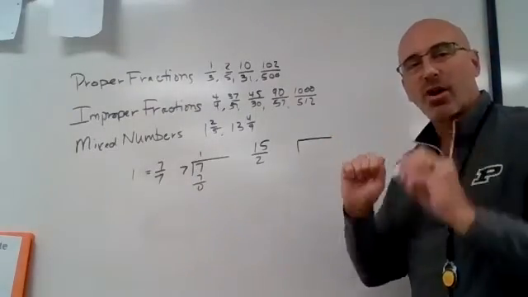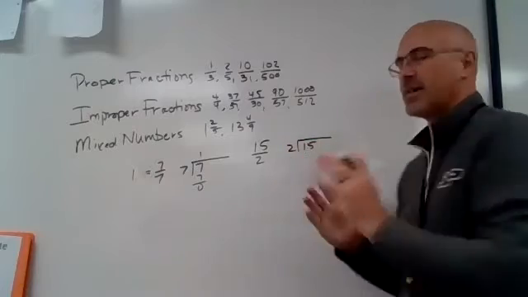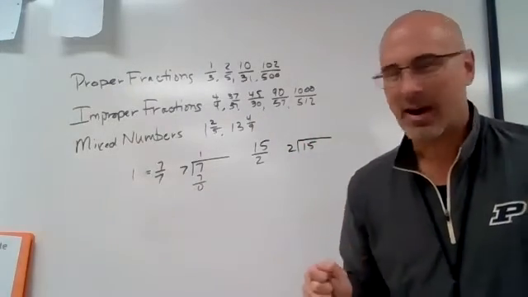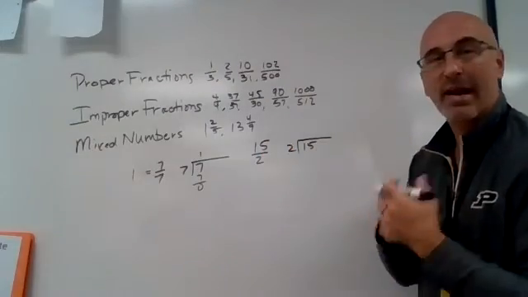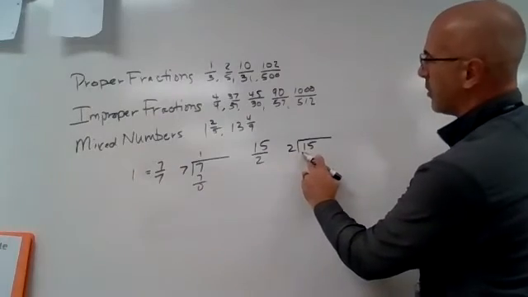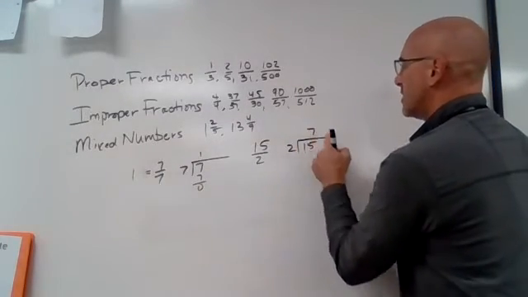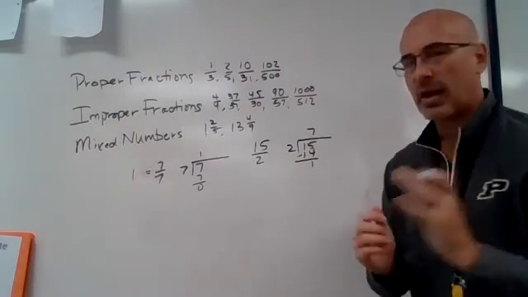Always, always, always, the numerator goes inside the box. So in this case, the 15 goes inside, the 2 goes outside. Now we start dividing. How many times does 2 go into 1? Nope, but 2 goes into 15 7 times. 7 times 2 is 14. We subtract and we get a 1.